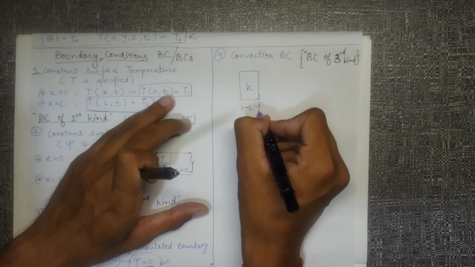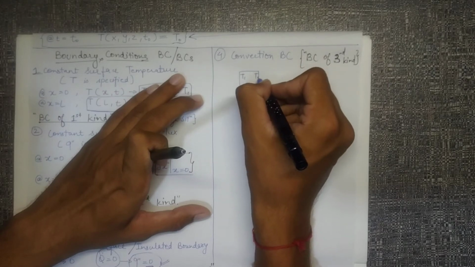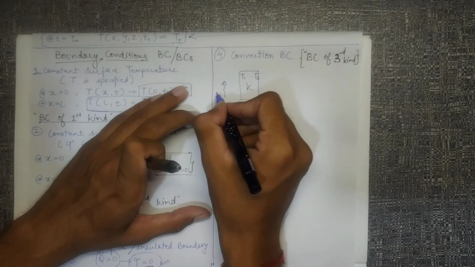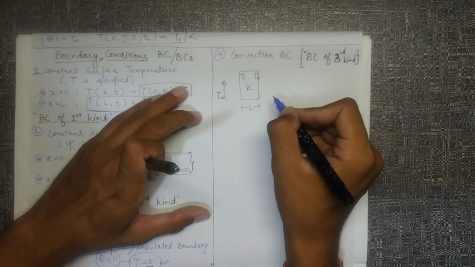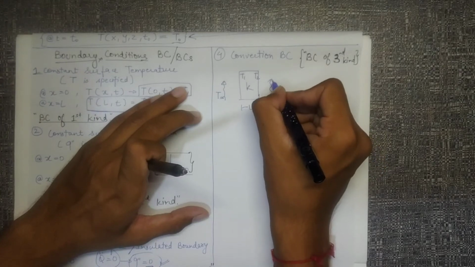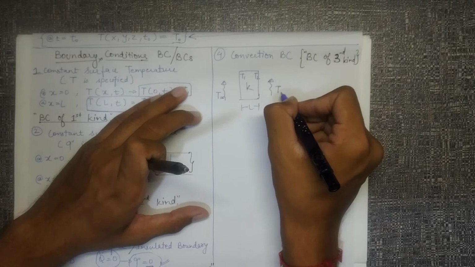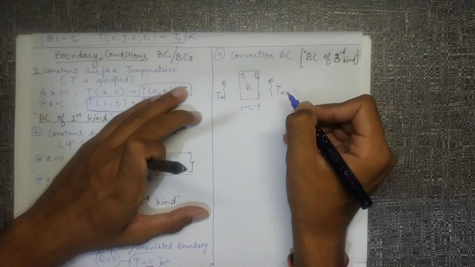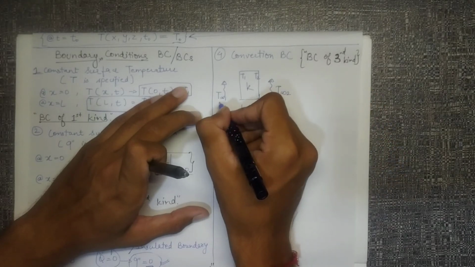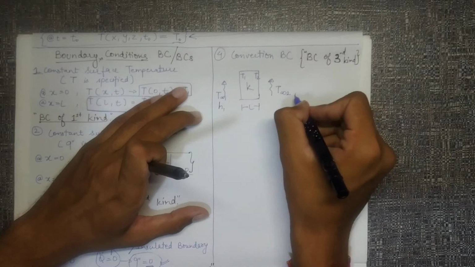of thickness L, the temperatures of the surfaces are T1 and T2, and if a fluid is passing over here which has a stream temperature of T infinity 1, and over here the second fluid is flowing which has an upstream temperature of T infinity 2, and the fluids have convective heat transfer coefficients H1 and H2.